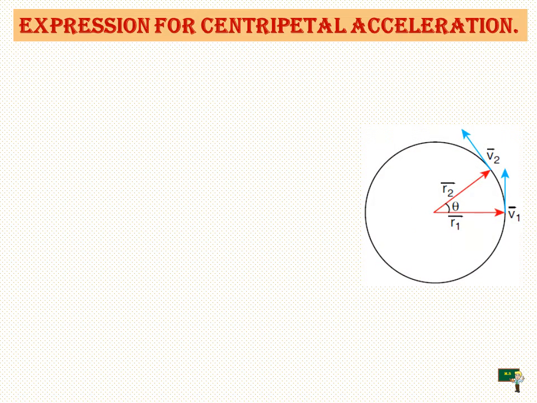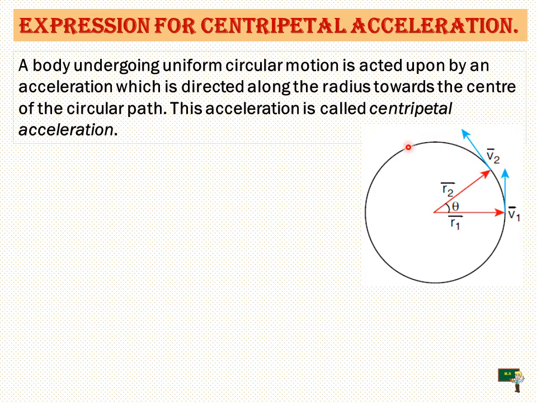If you see this, as it revolves around the circle, the radius changes from r1 to r2, and the velocity also changes. The body undergoing uniform circular motion is acted upon by an acceleration directed along the radius towards the center of the circular path. This acceleration is called centripetal acceleration.